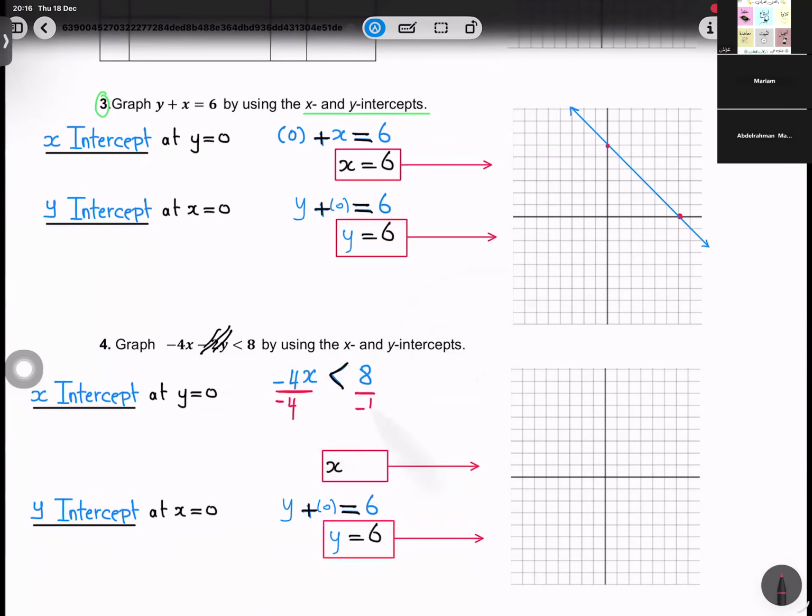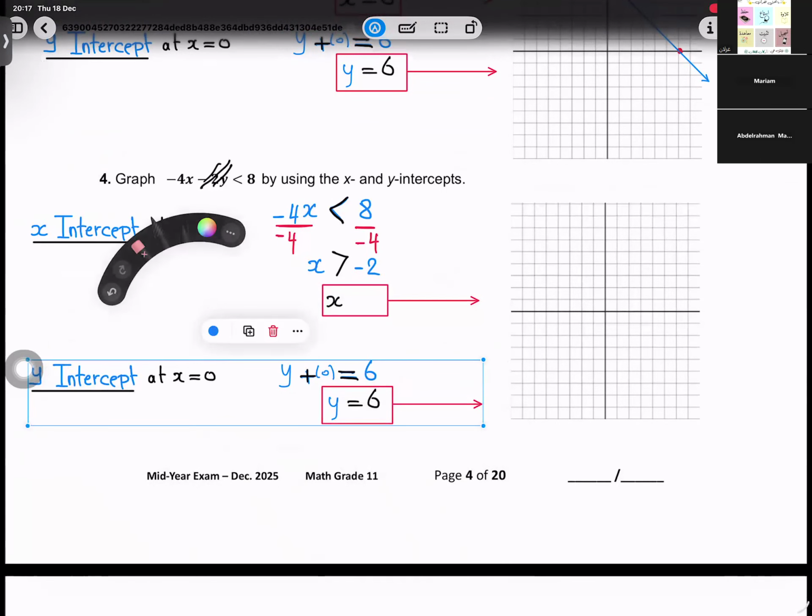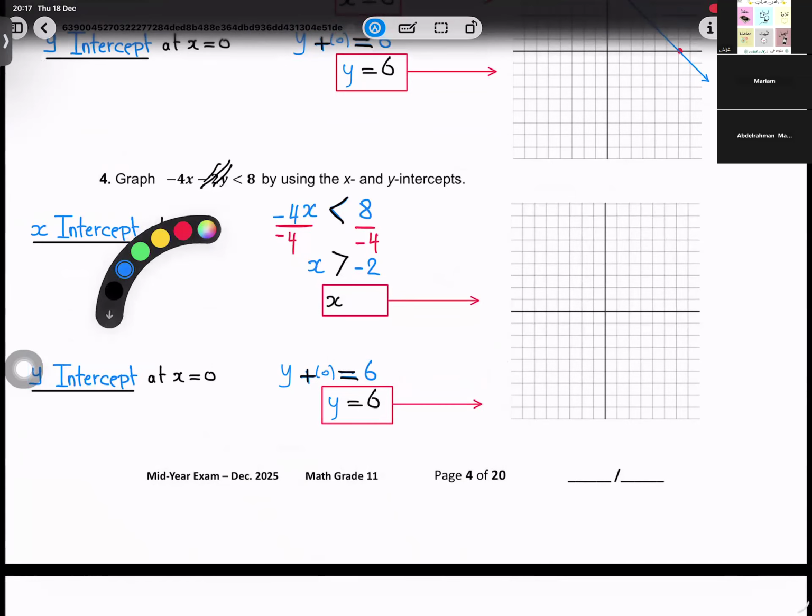What happens when we divide by negative 4? It becomes negative, so it becomes negative 2, and the inequality sign will be switched, because when dividing an inequality by a negative you switch the inequality sign. Now x is greater than negative 2, which means the line will pass through negative 2.